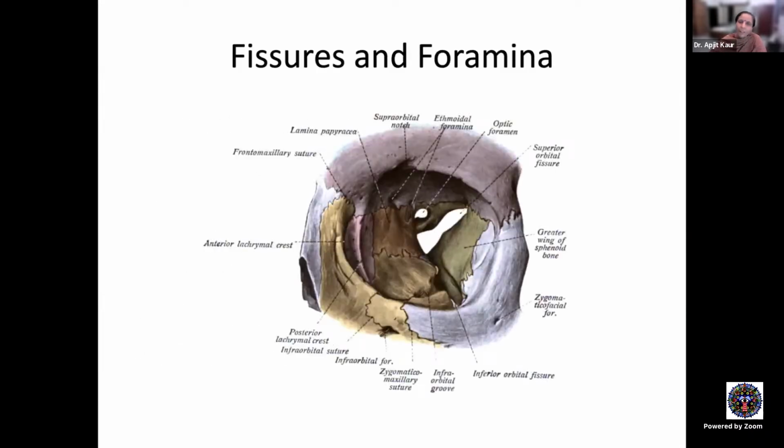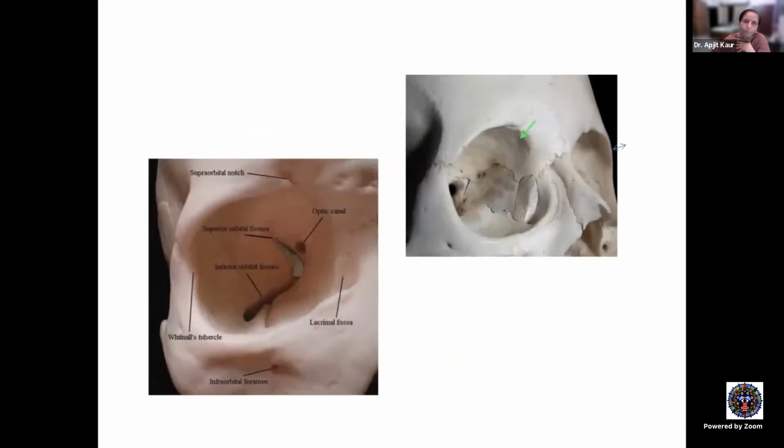Now, this is a typical textbook photograph which shows you all the fissures and foramina. The anatomy of the orbit is very well explained in textbooks, so I am not spending much time going into the factual details. I will be focusing more on the applied, then how we interpret, and then how we approach a patient.